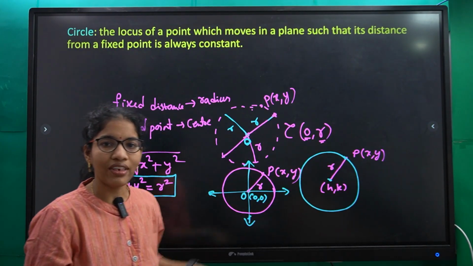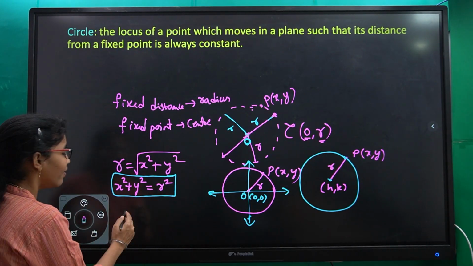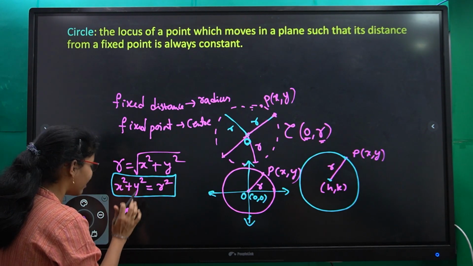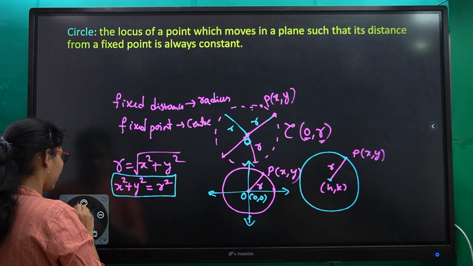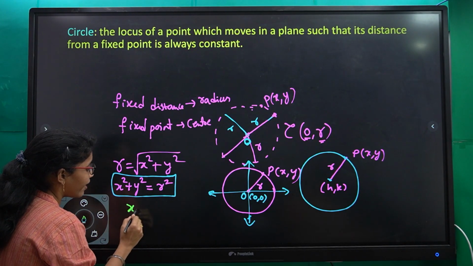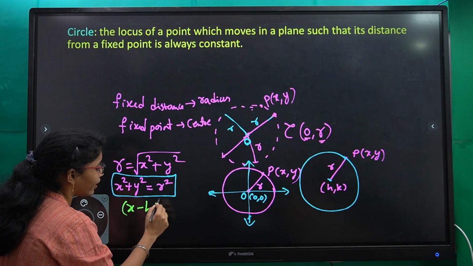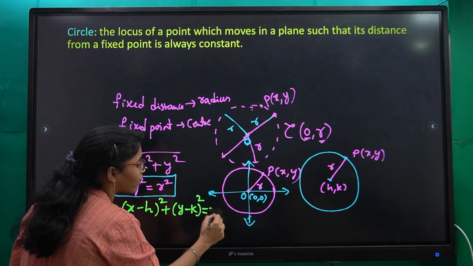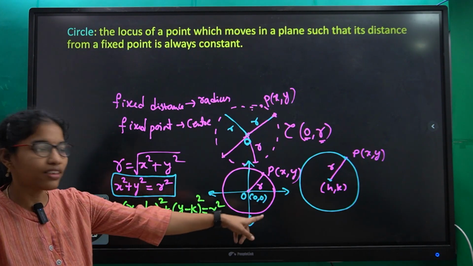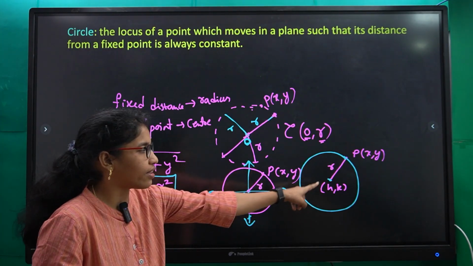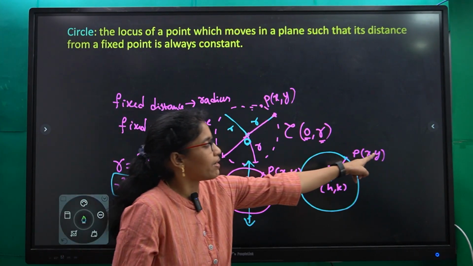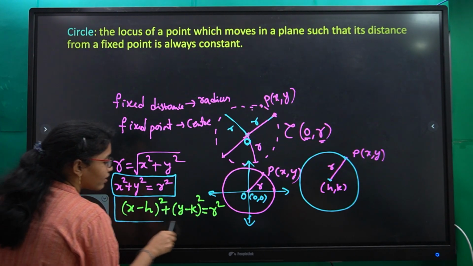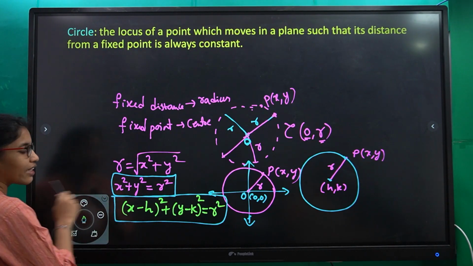Whenever two points are there, what is the distance formula? x2 minus x1 whole square. So x minus h whole square plus y minus k whole square equals r square. This is called the standard form of the circle.